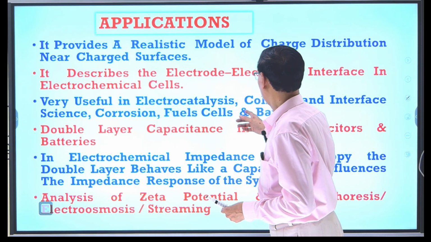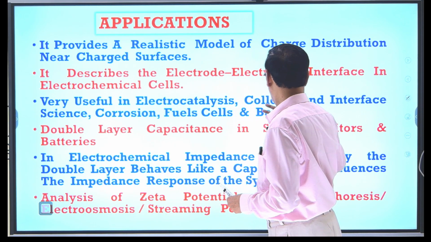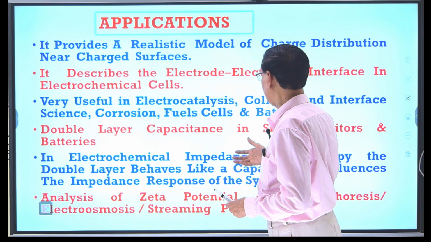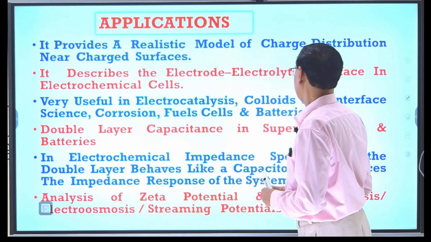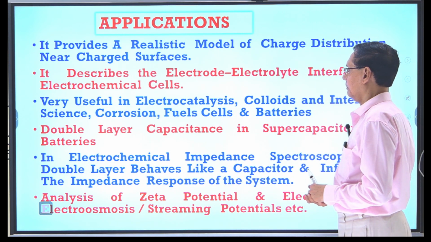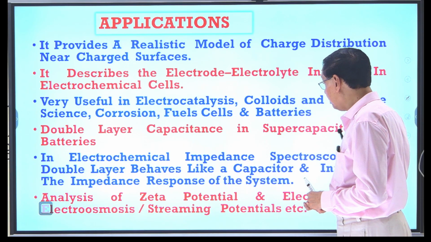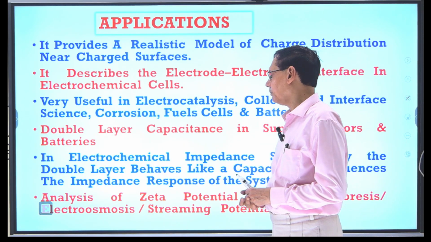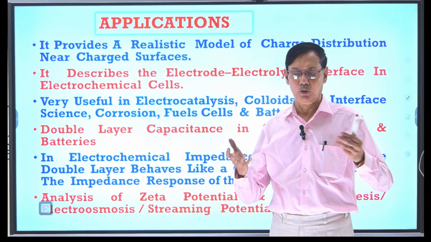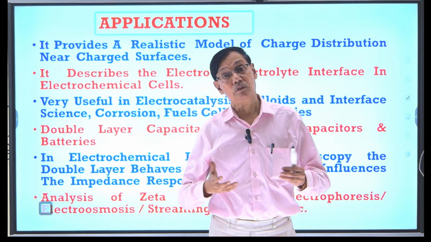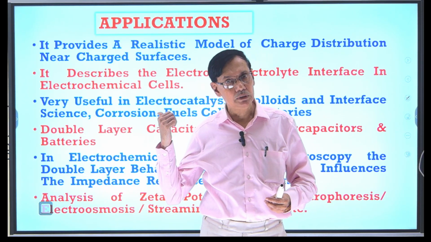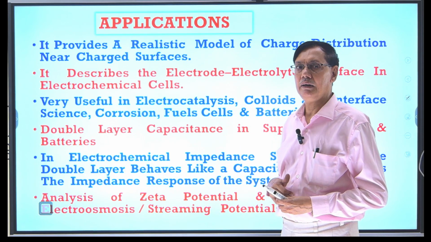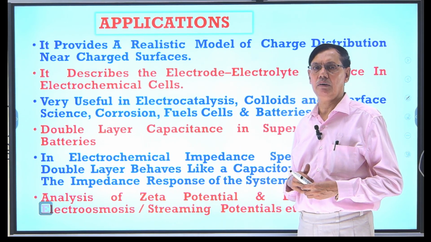It will also be useful in colloids and interface science, corrosion, fuel cells, as I have already discussed, batteries, and double layer capacitance in supercapacitors and batteries, and many electrokinetic processes like electroosmosis, electrophoresis, streaming potential. You can use the Stern model. And I think you might have heard of electrochemical impedance spectroscopy, a very important topic, which I will not discuss today.